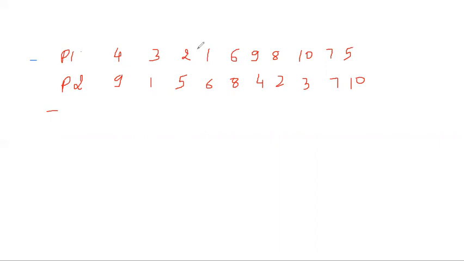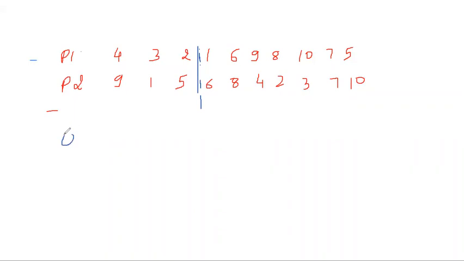So first for this I will have to choose a random point for my crossover. So we choose a random point. Let that random point be after the second gene. So this is my point from where I want to cross over.